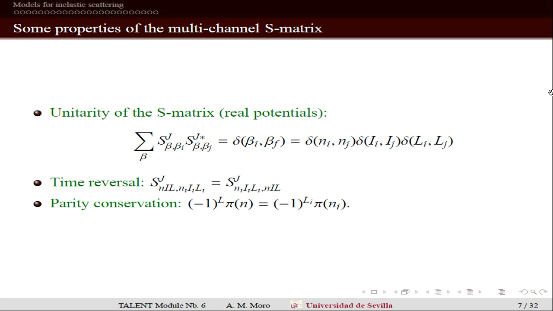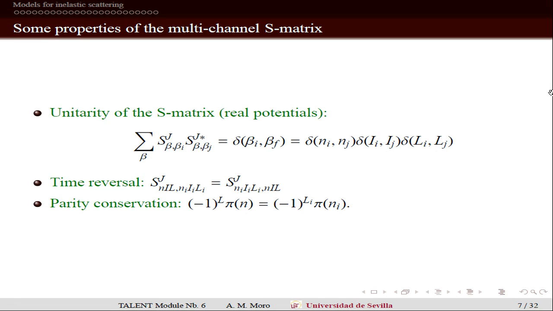So imagine, for example, a two-channel case, and so we have only a 2 times 2 matrix. One element would correspond to same beta, so 1,1, for example, and the other one would correspond to starting in 1 and finishing in 2, so non-diagonal.